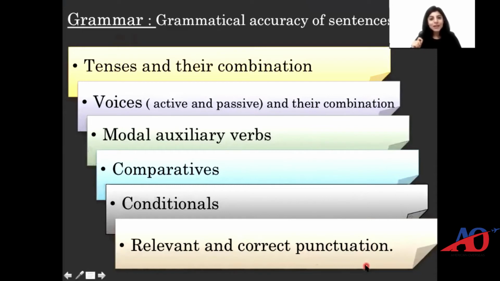Just a comma marked at an irrelevant place changes the meaning of a sentence. In this, you can also fetch good marks if you use a combination of simple and complex sentences. You're not judged on the number of mistakes made here, but how effectively you communicate your ideas.